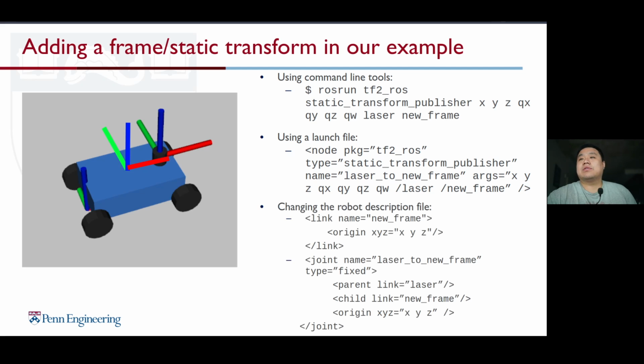And lastly, you can also do this by changing the robot description file. This would be split into two parts. First, you'll need to create the new frame and define the origin of the frame, and then you can create a static transform between this new frame and an already defined frame with the translation or even rotation if you want to.